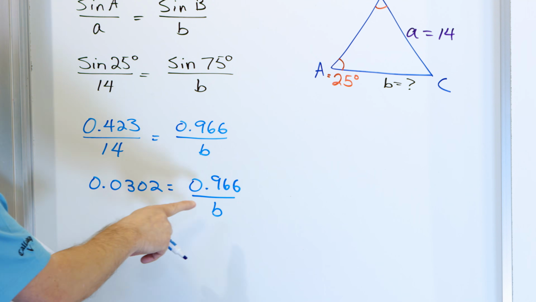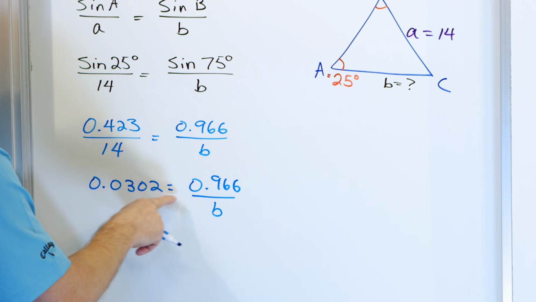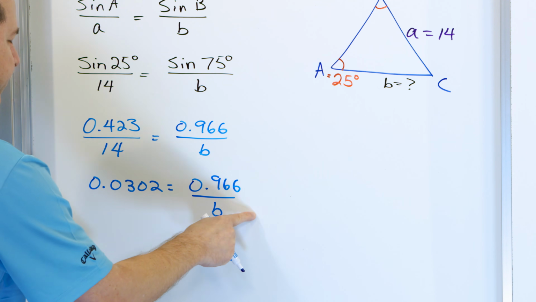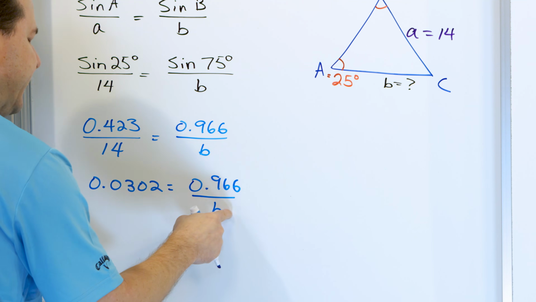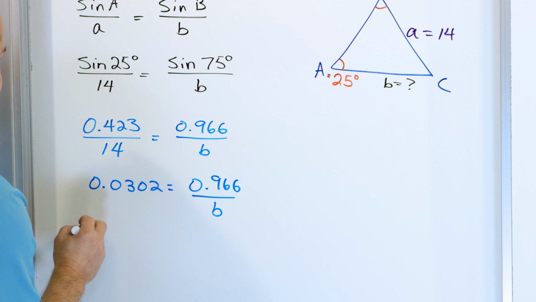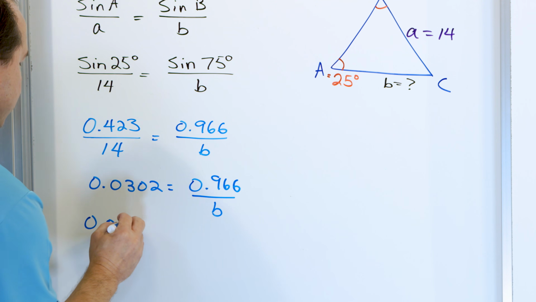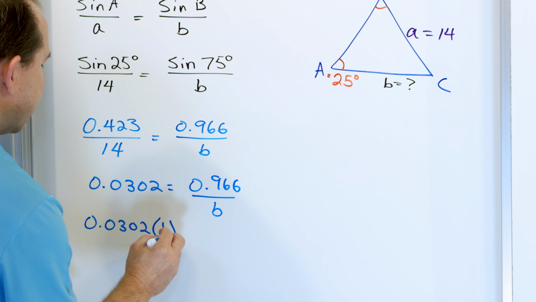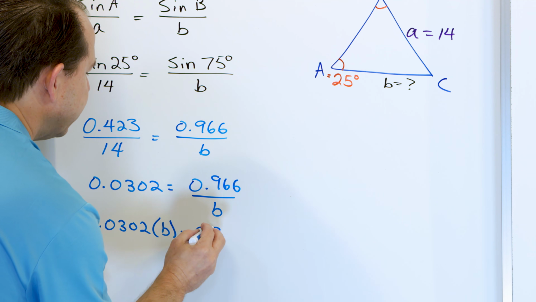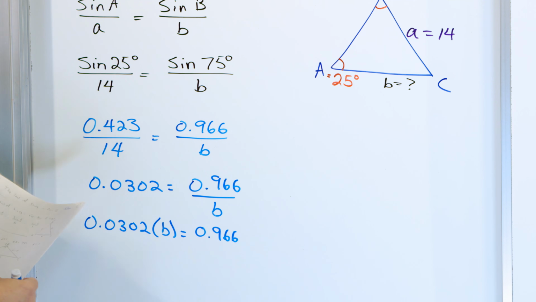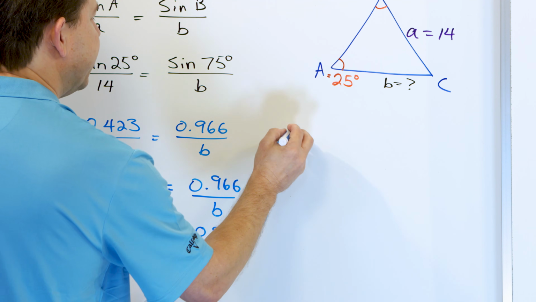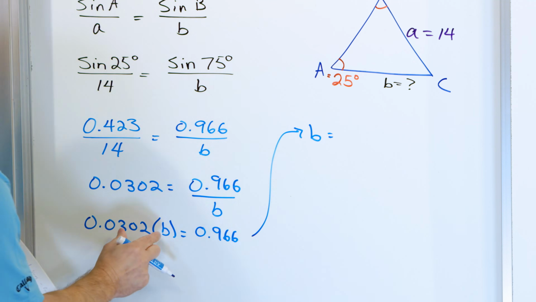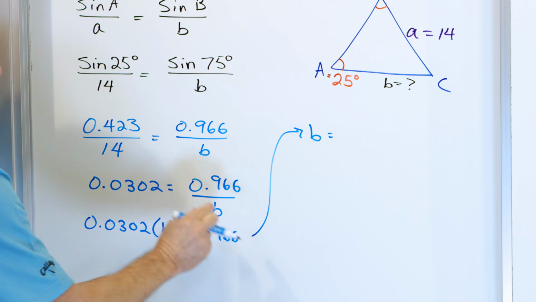All right? Now, to figure out the answer to B, we're going to multiply both sides of this equation by B. On the right-hand side, B on the top and B on the bottom will cancel. On the left-hand side, you'll still have 0.0302 times B. And then on the right, all you have is 0.966 left over. So then, to finish it all up, B is going to be equal to this number divided by this one.